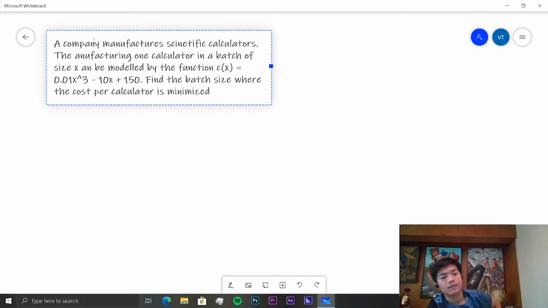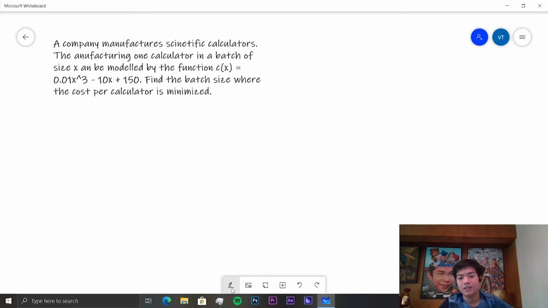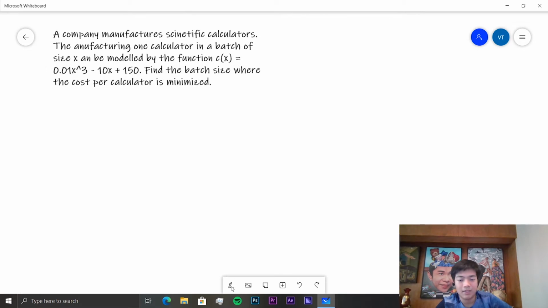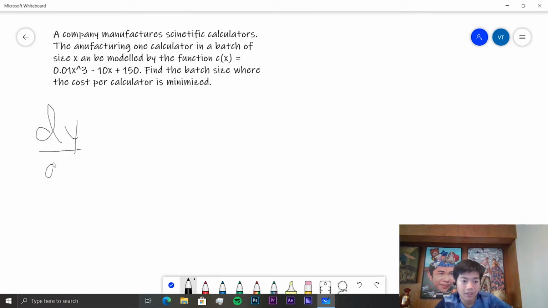Okay, this is pretty straightforward. We just need to get the derivative and find the minimum. We already have the equation, so I'm not going to rewrite it. We have dy over dx is equal to 0.03x squared minus 10. Find the minimum of this.